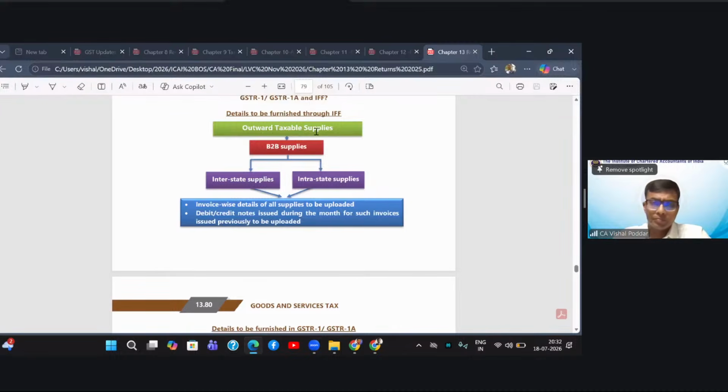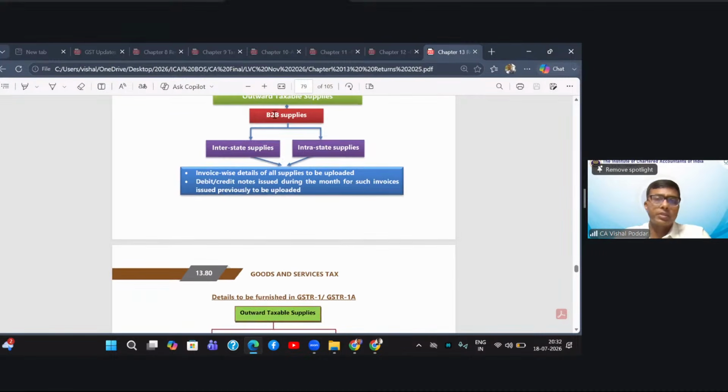The details are all your outward taxable supplies for B2B cases, that is, where your recipient is registered. For all B2B supplies, whether interstate or intrastate, you will have to give the details of each invoice.